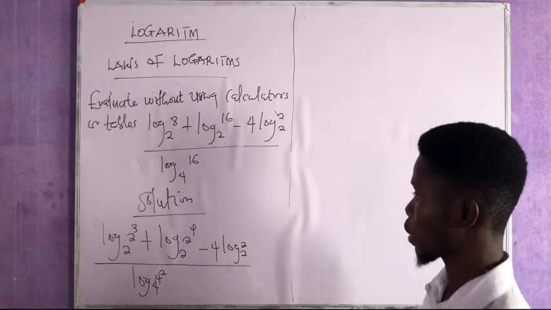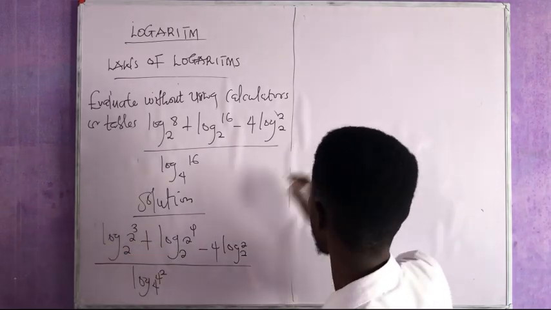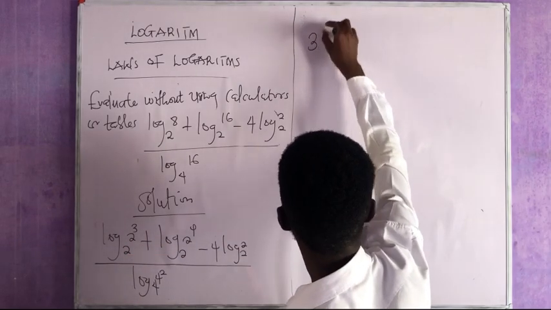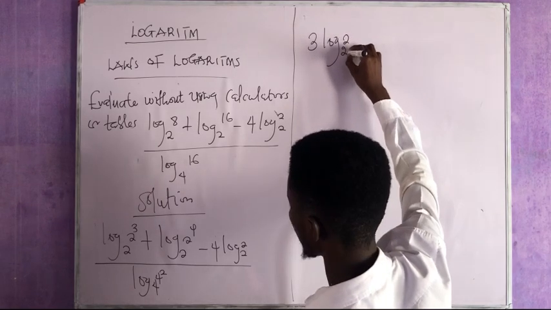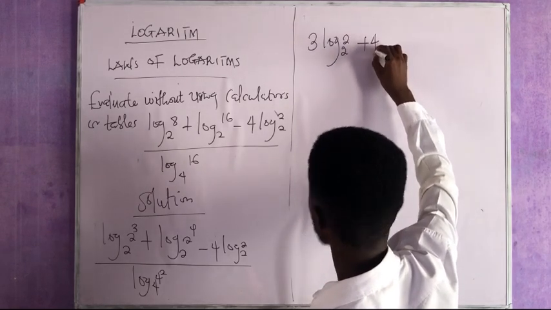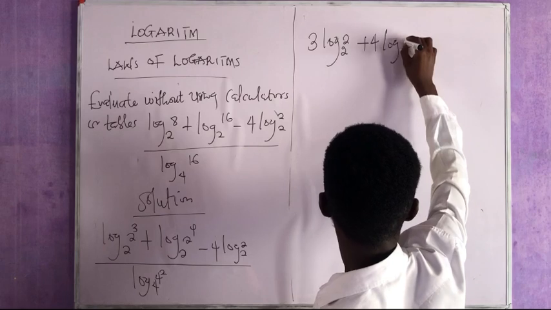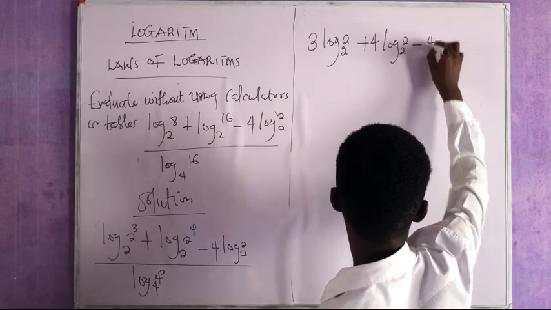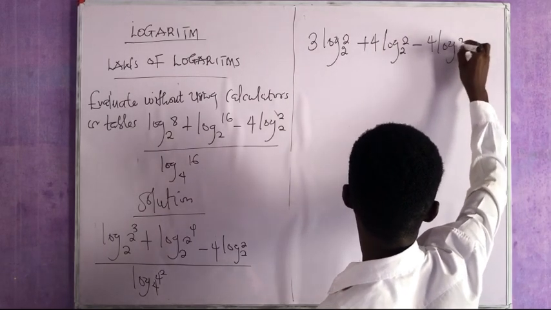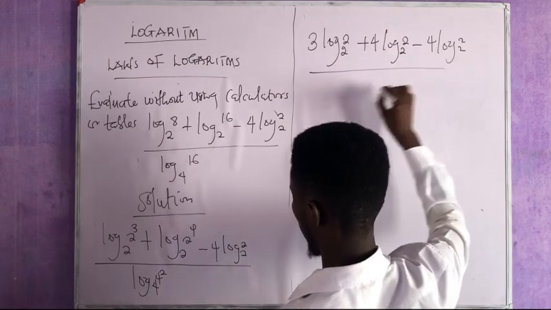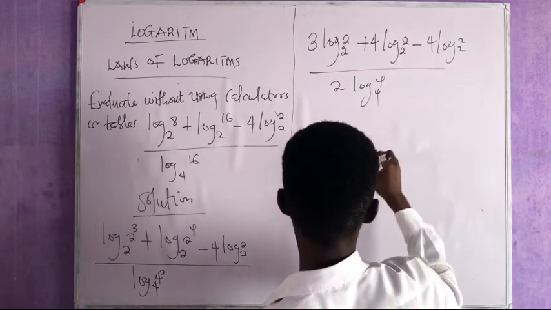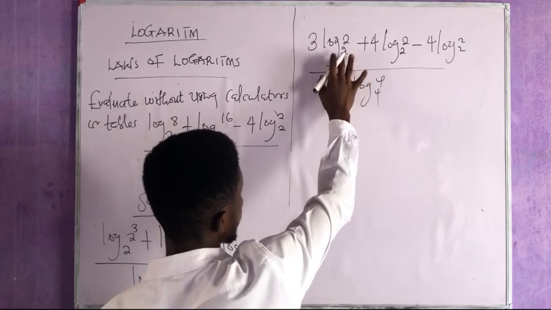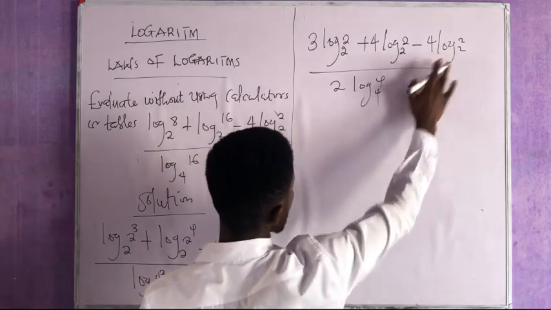So now after writing this, I'm writing this 3 here. That will give me 3 log 2 base 2 plus 4 log 2 base 2 minus 4 log 2 base 2, all divided by 2 log 4 base 4. Now this will give me 1, this will give me 1, this will give me 1, this will give me 1.